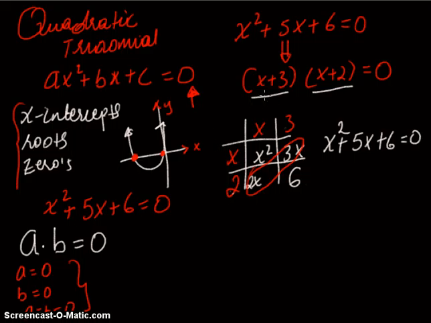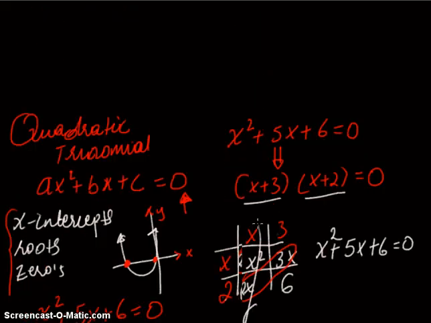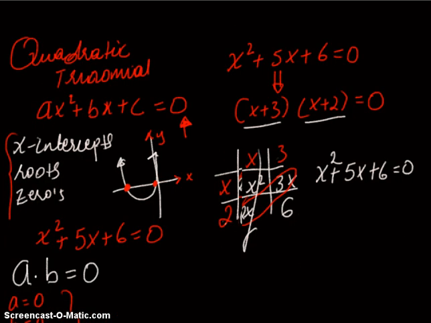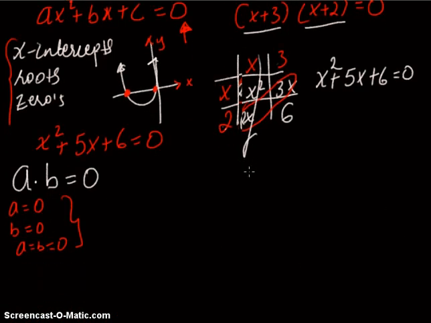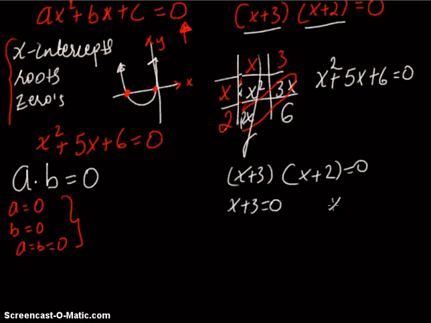Well, if the product of two numbers equals 0, then either of these two must be 0 or both of them must be 0. So when we look at x plus 3 and then x plus 2 equals 0, either x plus 3 is equal to 0 or x plus 2 is equal to 0.